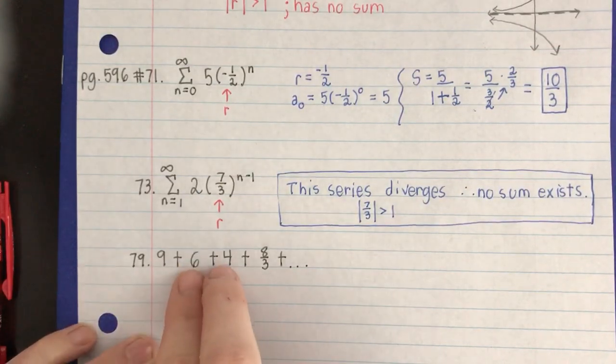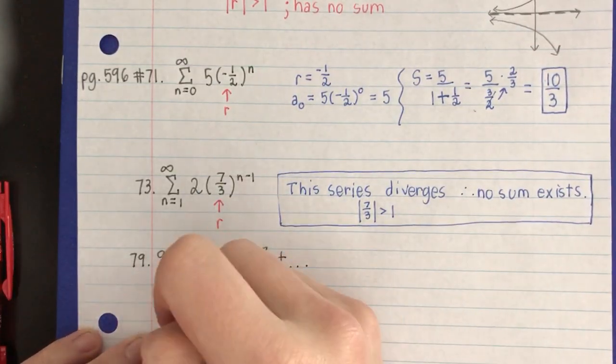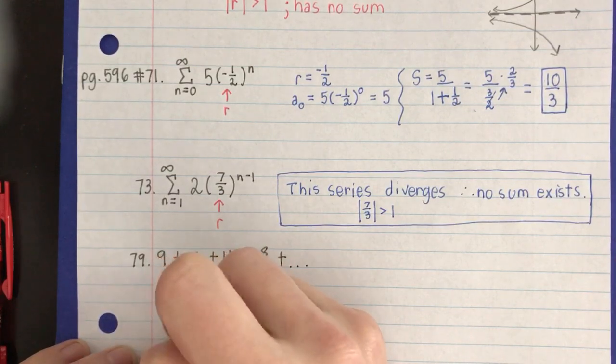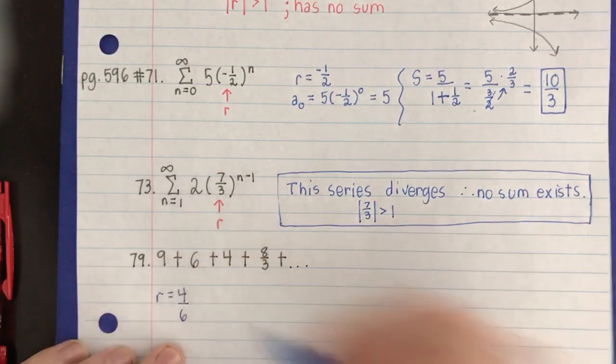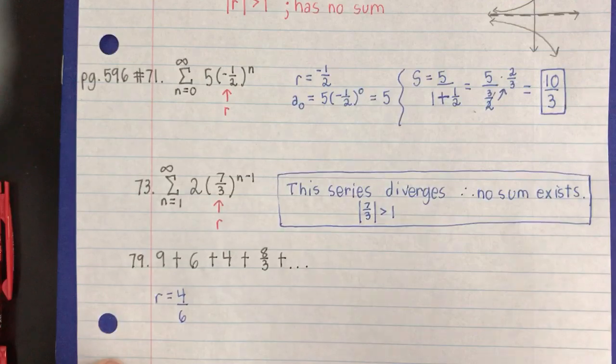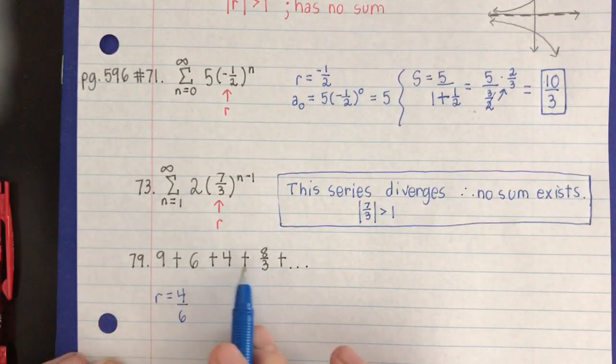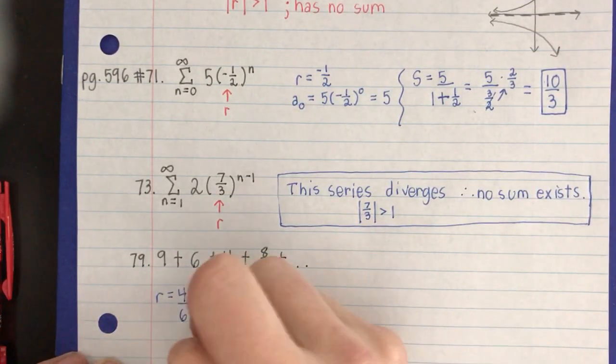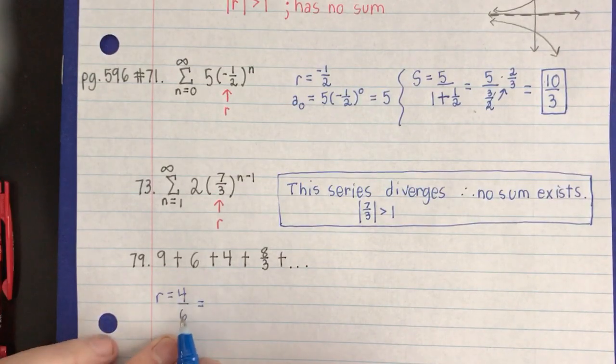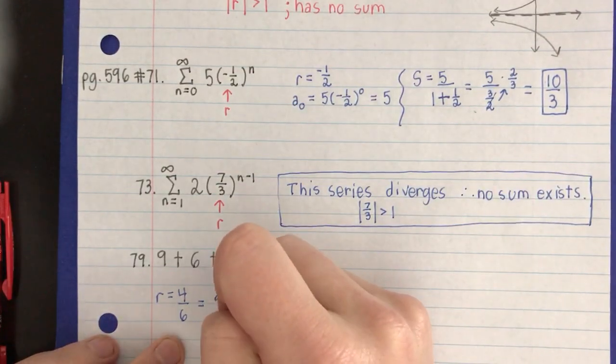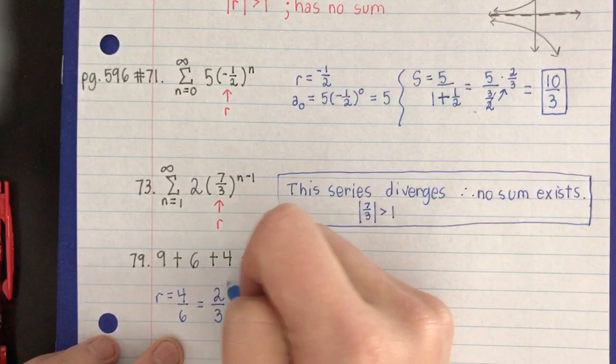If I chose these two, r equals 4 divided by 6, which simplifies to 2/3.